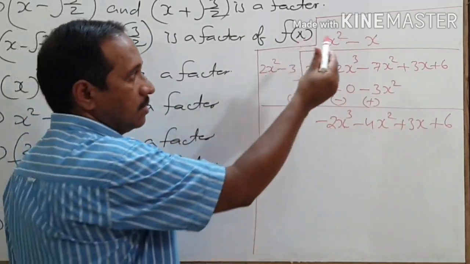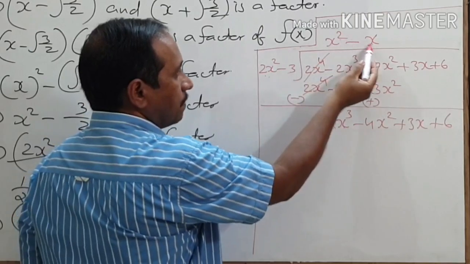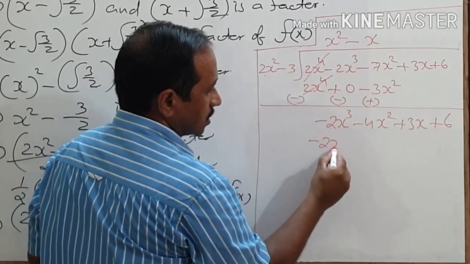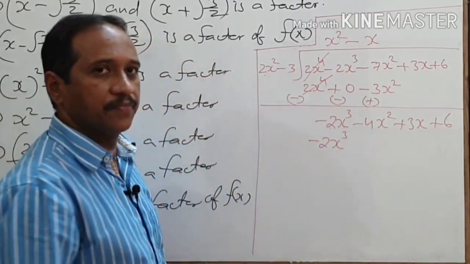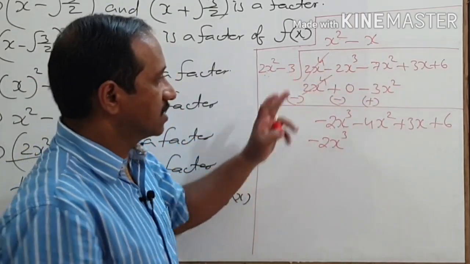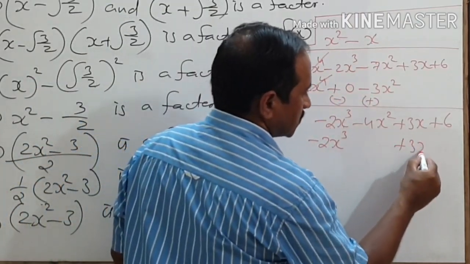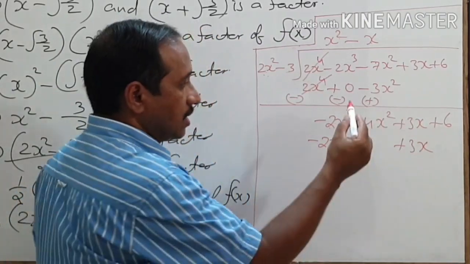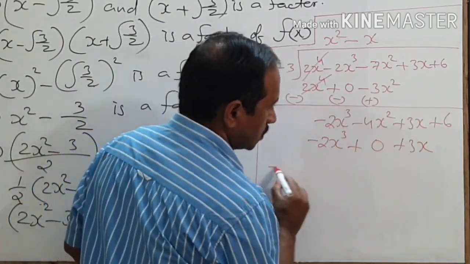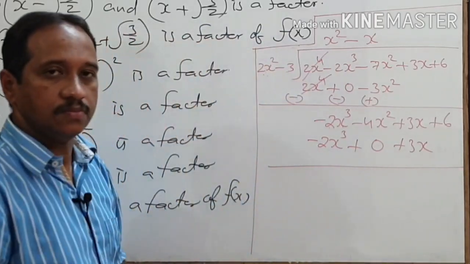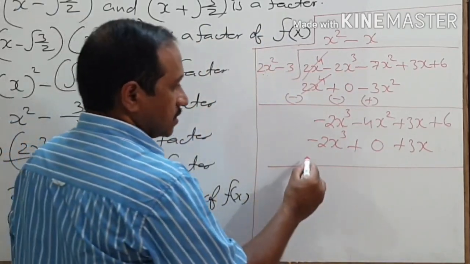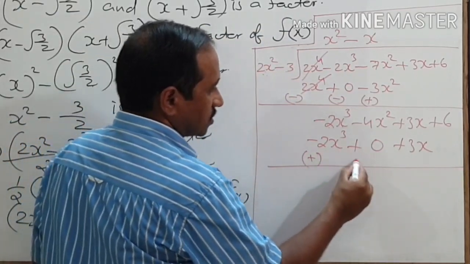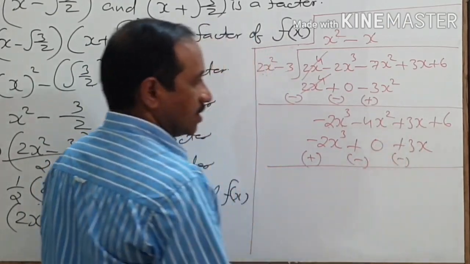Now we will multiply minus x with each term. Minus x into 2x square is minus 2x cube. Minus x into minus 3 is plus 3x. Here I write under 3x term, and here it is vacant, so I put 0. Now subtracting by changing the sign.